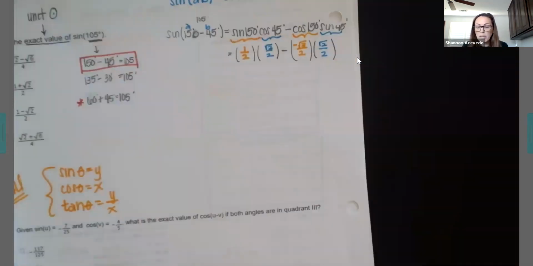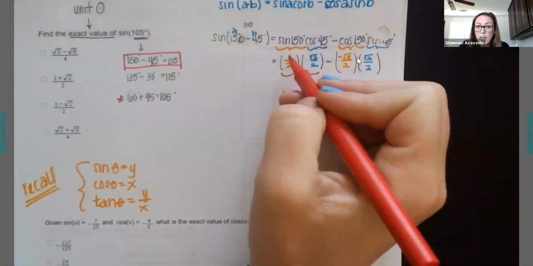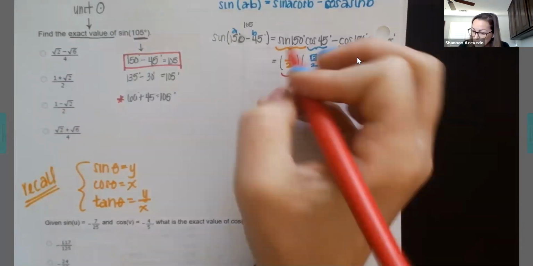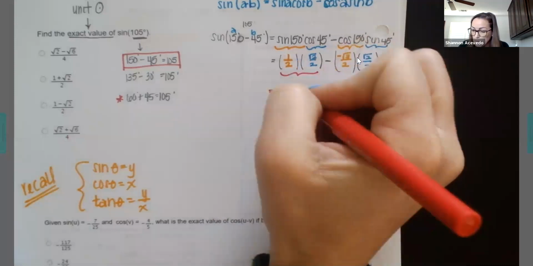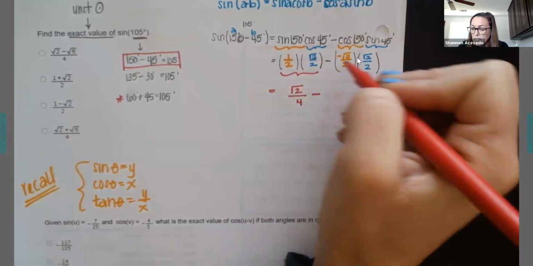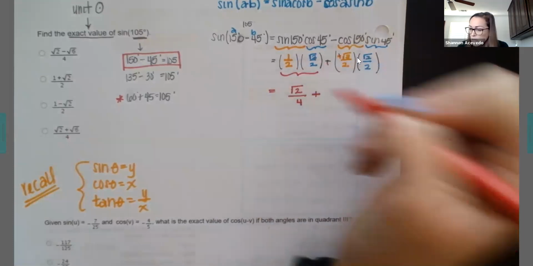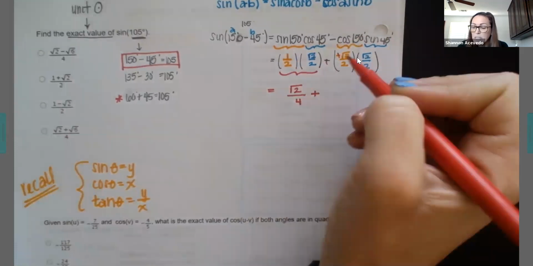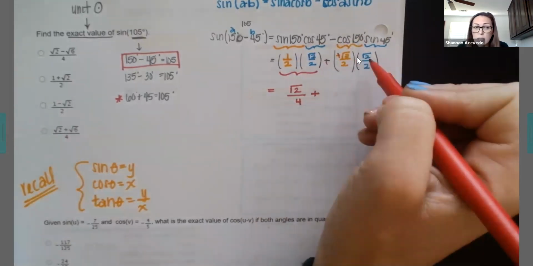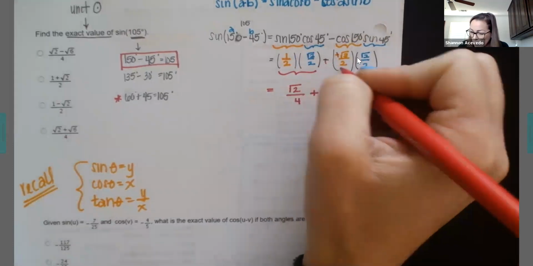And then I just multiply these two pieces together. 1 times square root of 2 is the square root of 2. 2 times 2 is 4. Minus, well, this is a negative and a negative, so it's actually going to become a plus, right? Square root of 3 times the square root of 2 is the square root of 6. 2 times 2 is 4.